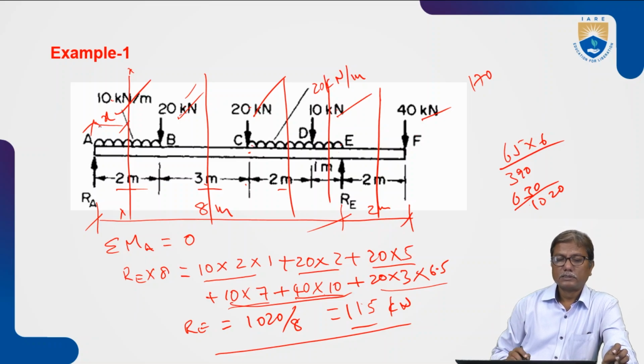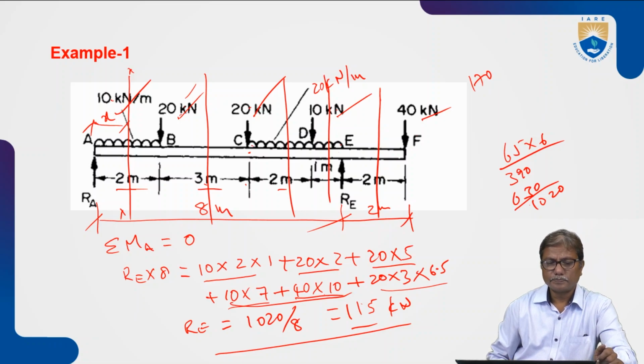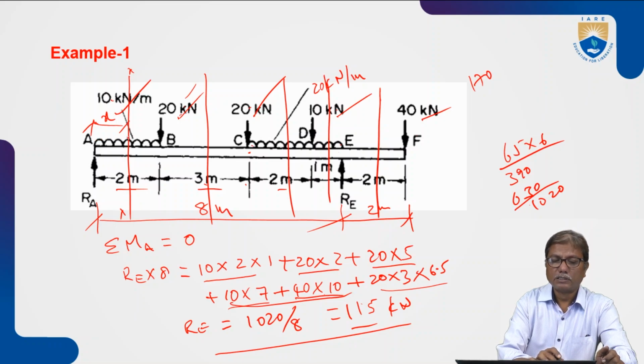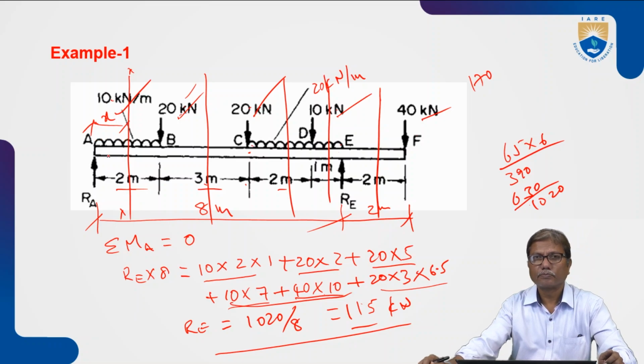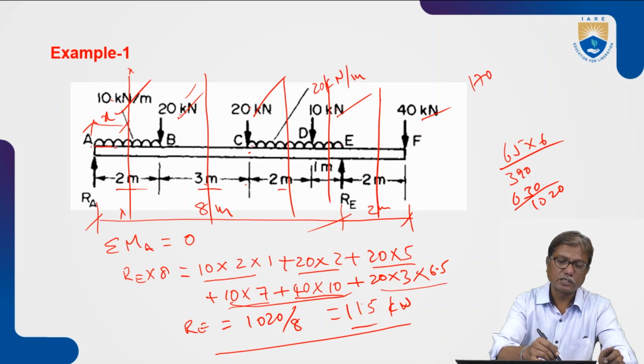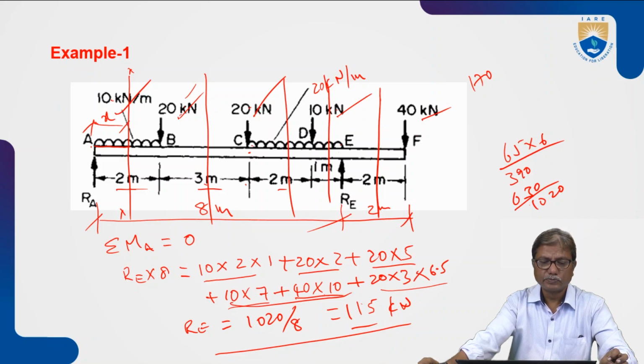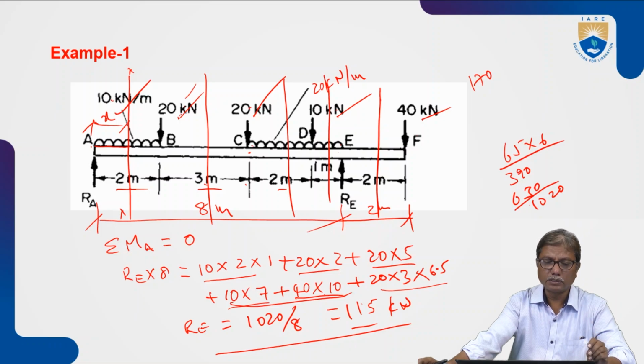To find the shear force at A, it is RA minus 10 into X, the length of the UDL being 10 into X. That is applicable between A and B only, that means for the limits of X from 0 to 2.